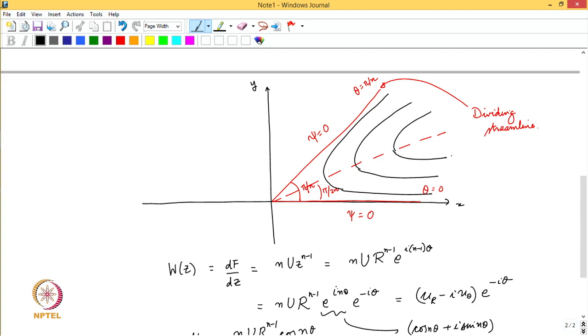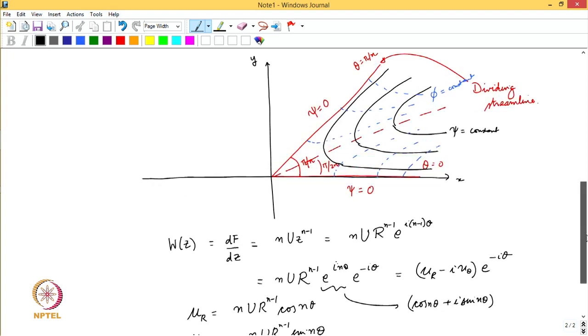So, these would be lines of constant stream function, and the lines of constant potential would now be normal to these lines of constant stream function. So, even though my picture does not do justice to this orthogonality, I hope you will get the point that these would be lines of constant velocity potential.